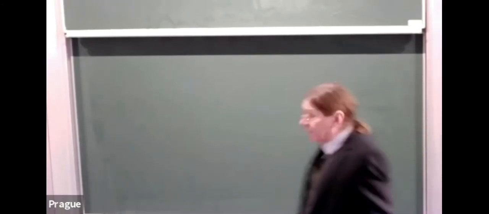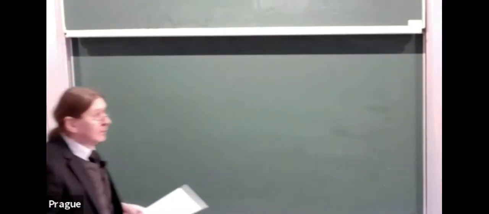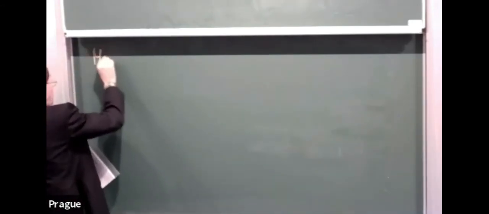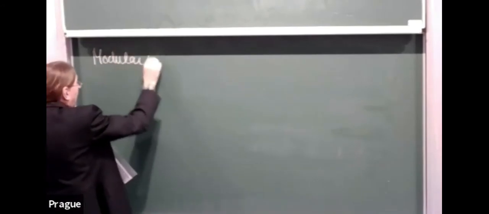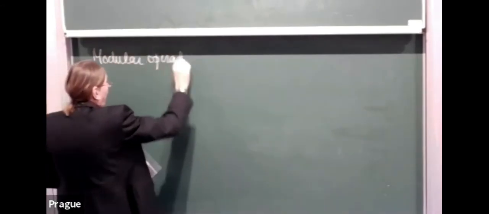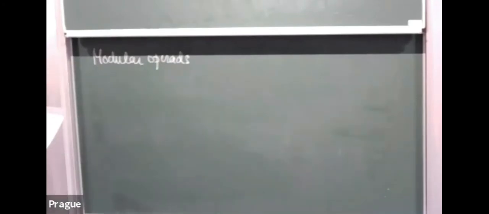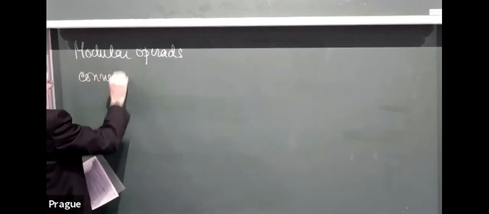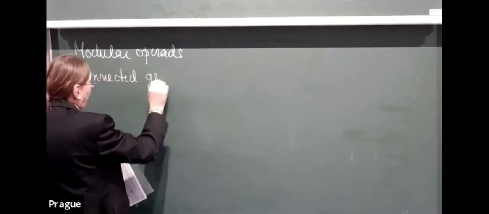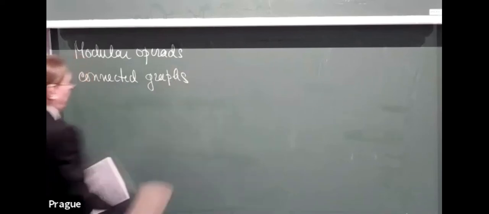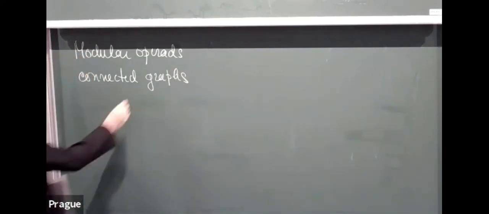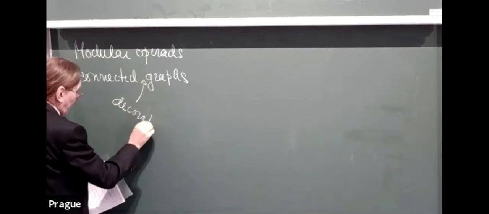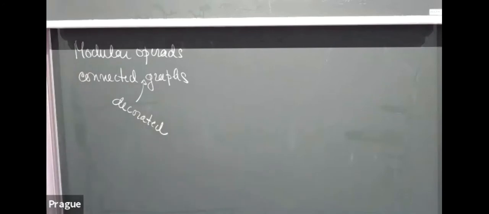So probably the most complex example is the example of modular operads. Here the pasting schemes are connected graphs, which are moreover decorated. So what is decoration?